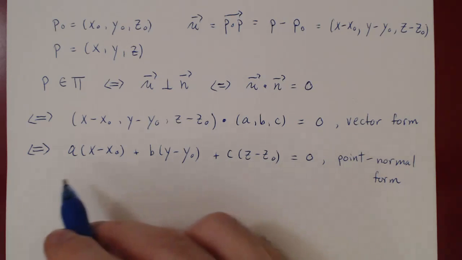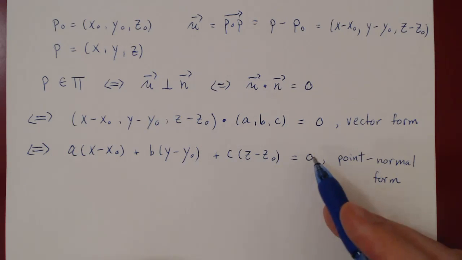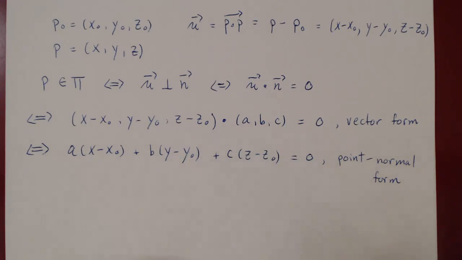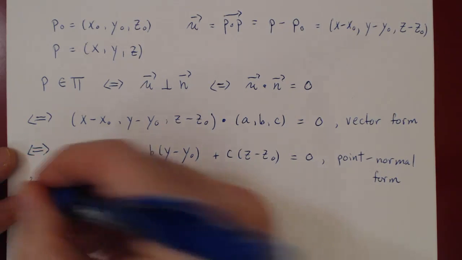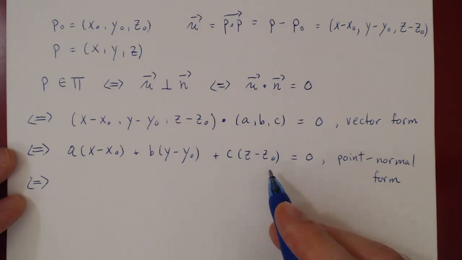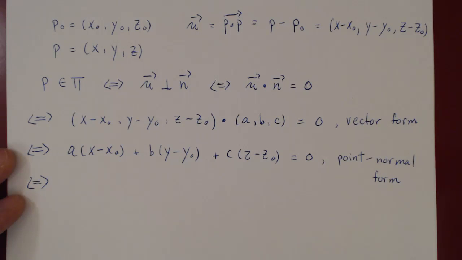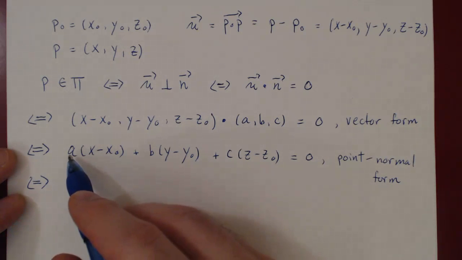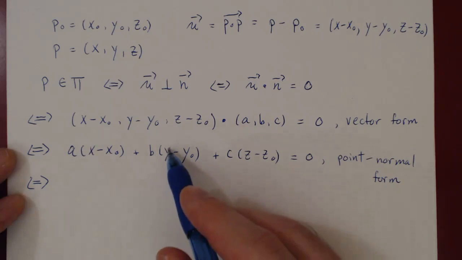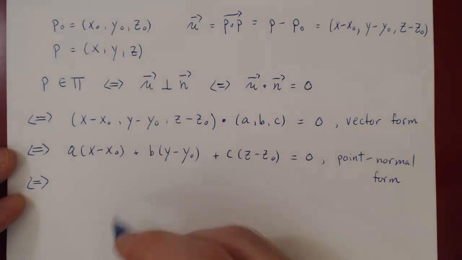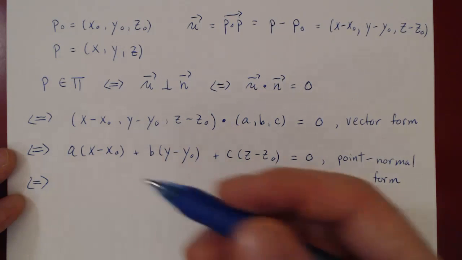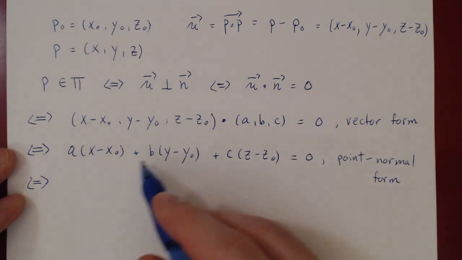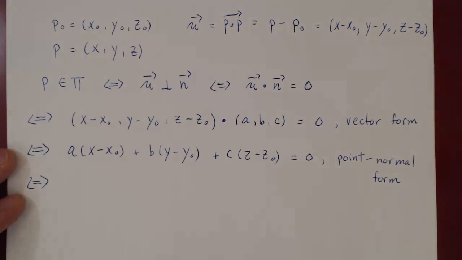And the nicest one is after we multiply this out and realize that we can simplify quite nicely by making a simple change of variables. Let's multiply out here, and let's put the variables together and the constant terms together. So we'll have here ax plus by plus cz, because x, y, and z are the variables. A, B, C, remember, are real numbers, or constants, the coordinates of the normal vector.